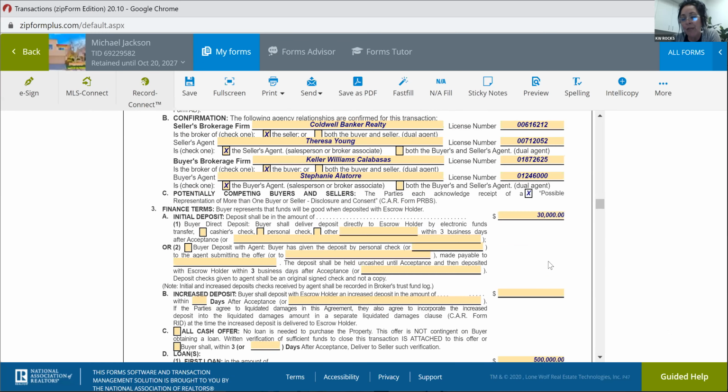That's just a rule of thumb that everybody does. We do 3%, and then when we get to liquidated damages, the liquidated damages clause, if it's initialed by all parties, will help protect up to 3% of the deposit monies. Anything over, it doesn't protect.